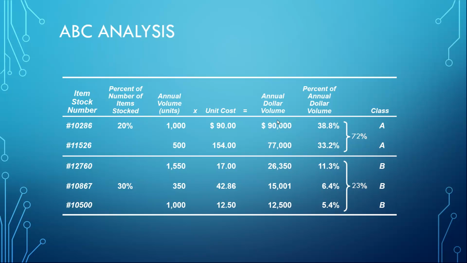For example, this slide shows the implementation of such a technique on inventory items based on the annual dollar volume. The first two items, SKU or stock numbers 10286 and 11526, represent 72% of the annual dollar volume, while items 3, 4, and 5 represent 23%.